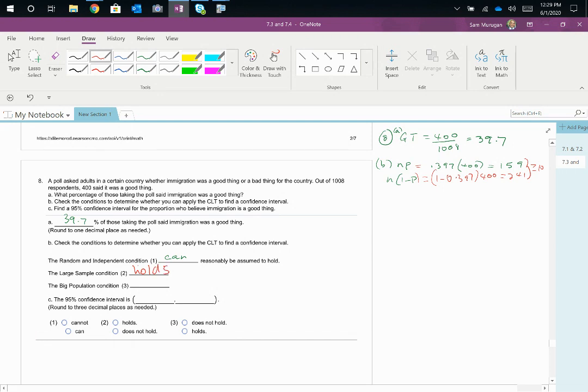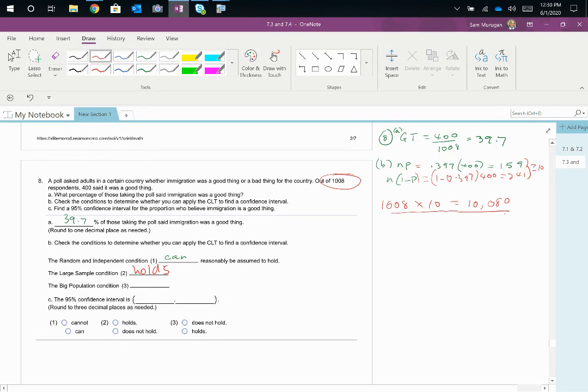And then with the sample of 1,008, 1,008 times 10 is 10,080, which meets the condition.